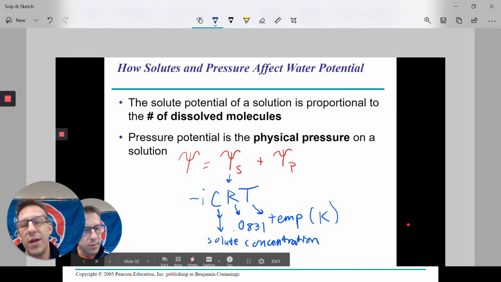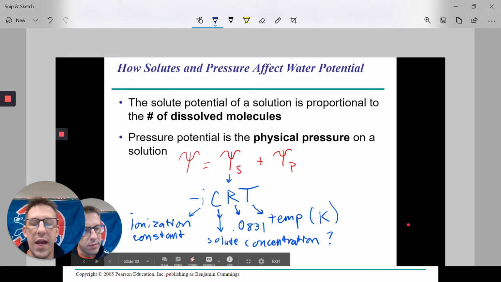Sometimes we know it because we've mixed it. In one of the labs that we do, what we're going to have to ultimately do is figure this out. We would not know this, so we have to actually figure it out. Okay, and then I stands for the ionization constant.